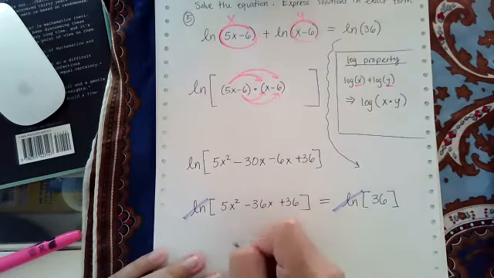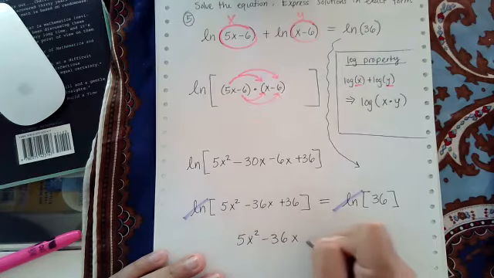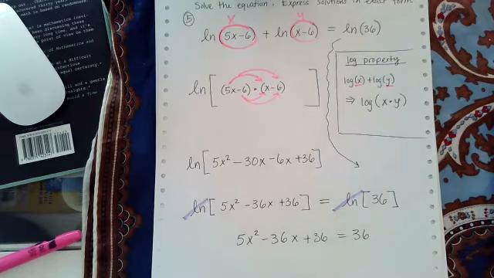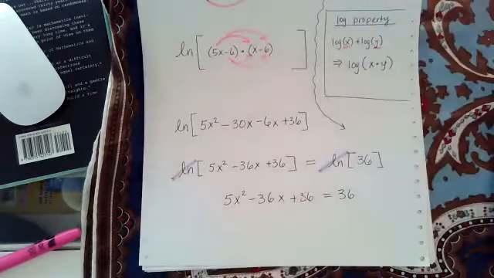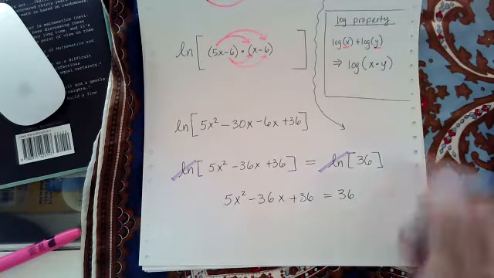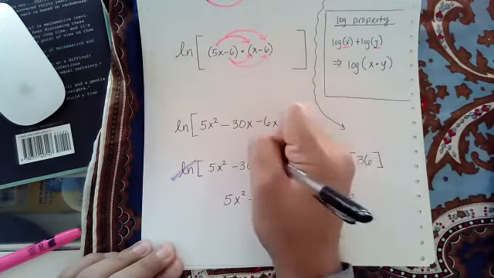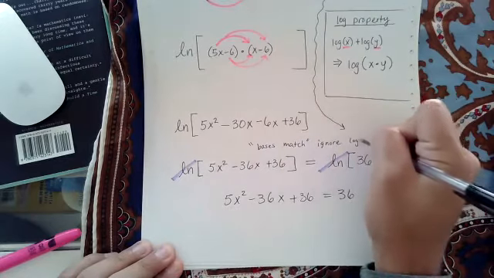And now we have 5x squared minus 36x plus 36 is equal to 36. And that is just a quadratic equation. So I'm going to write right here, bases match, so ignore the log base.